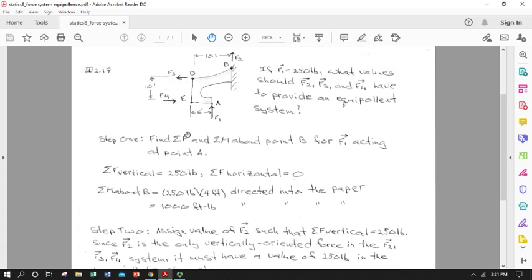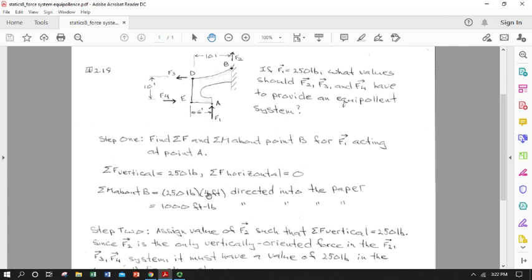So the sum force of F2, F3, and F4 has to all sum up to 250 pounds vertical, non-horizontal, and the net action of all of these three forces is going to have to produce a moment around B that's equal to 1,000 foot-pounds directed into the paper.